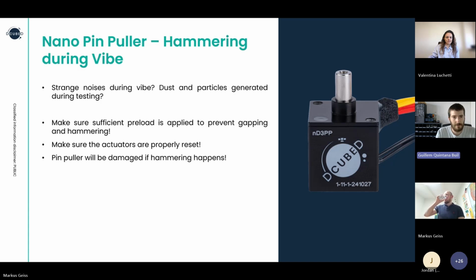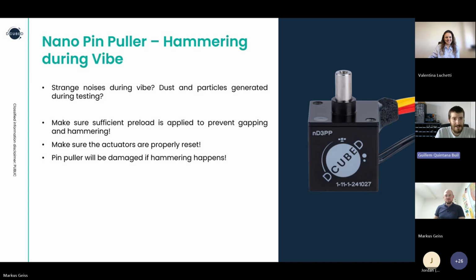Pretty much everyone who has been in a vibration test campaign knows you are there with ear protections, trying to listen as much as possible. Once you start hearing uncommon noises, some rattling, it's like, oh, that's not good. And later, after the test, if you see some particles or dust, definitely something went wrong.